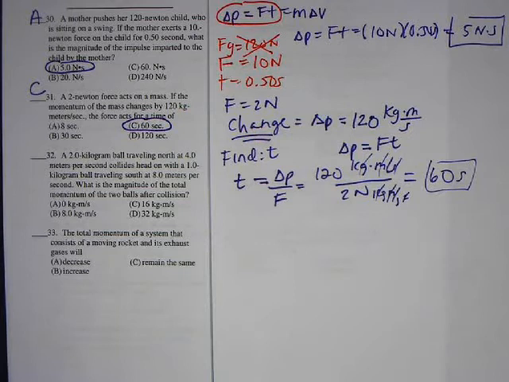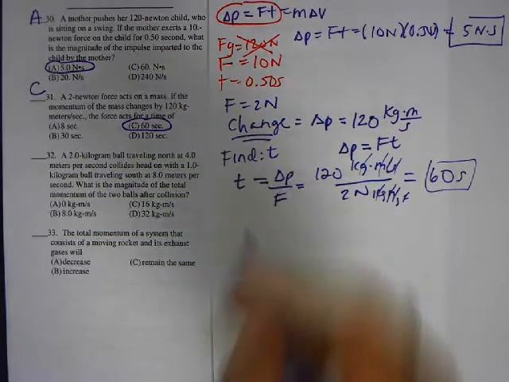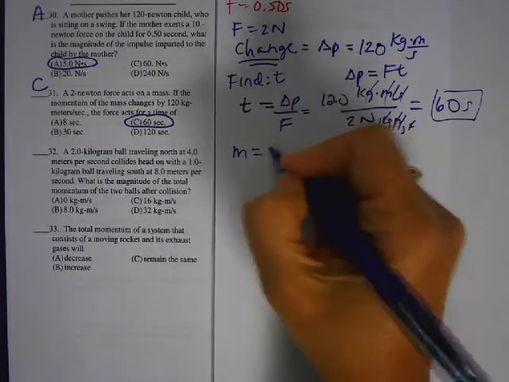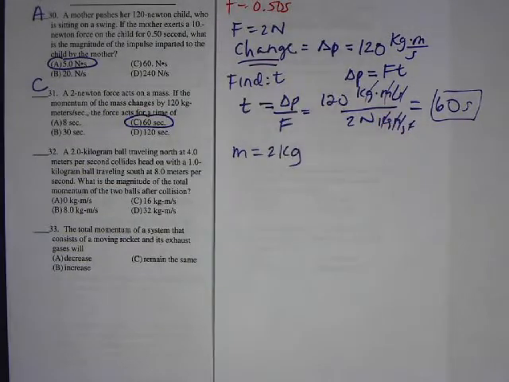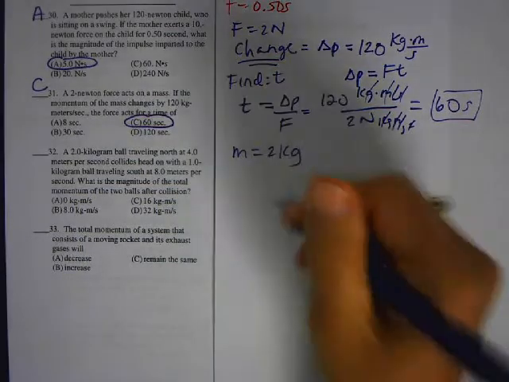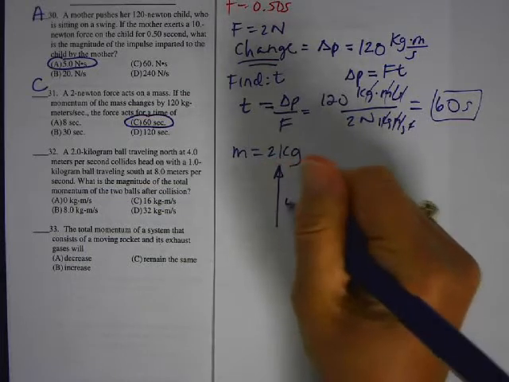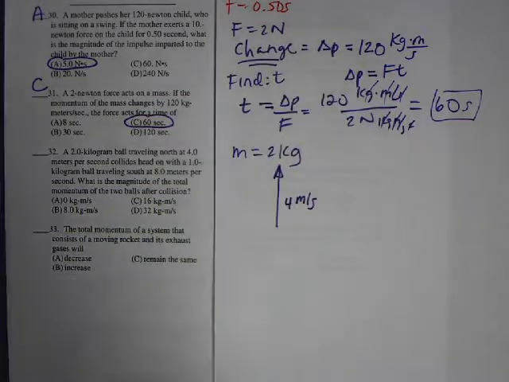Number 32, a 2 kilogram ball is traveling north at 4 meters per second and collides head-on, so it's going north at 4 meters per second, and it collides head-on with a 1 kilogram ball traveling south at 8 meters per second.